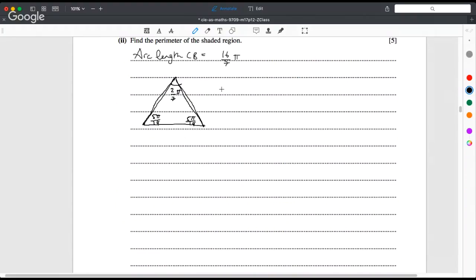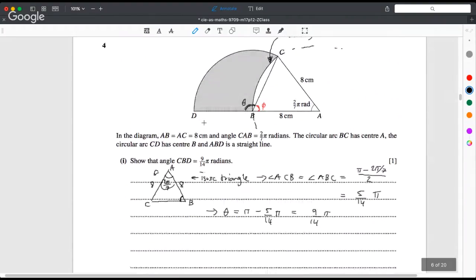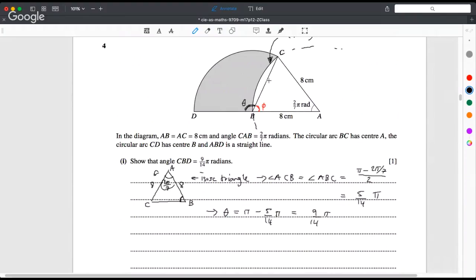So we can use the sine rule. So that's the sine of some angle divided by the opposite length. So here, we want to find this length CB.